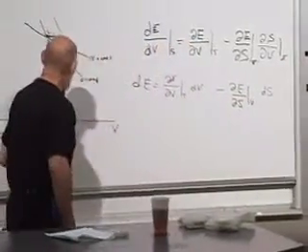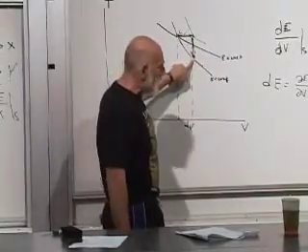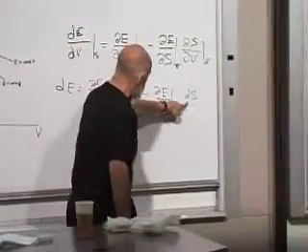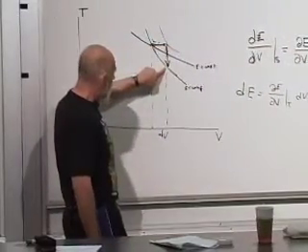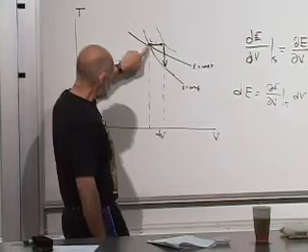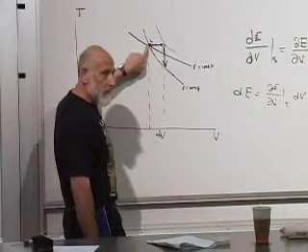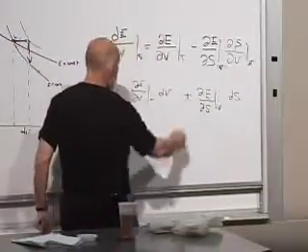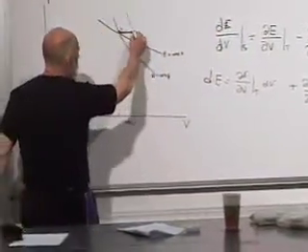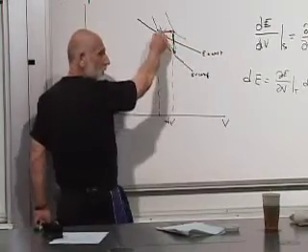Okay, now, what is the change in entropy in going from here to here? That's this over here. The change in entropy in going from here to here is also the change in entropy from going from here to here. You know, you're right. It really is positive. The change in entropy in going from here to here is the same as the change in entropy in going from here to here.